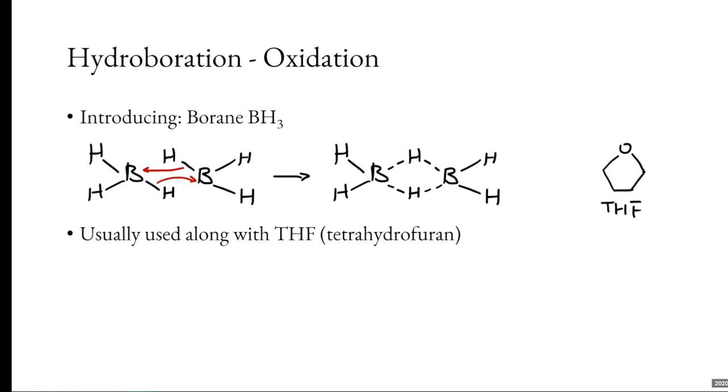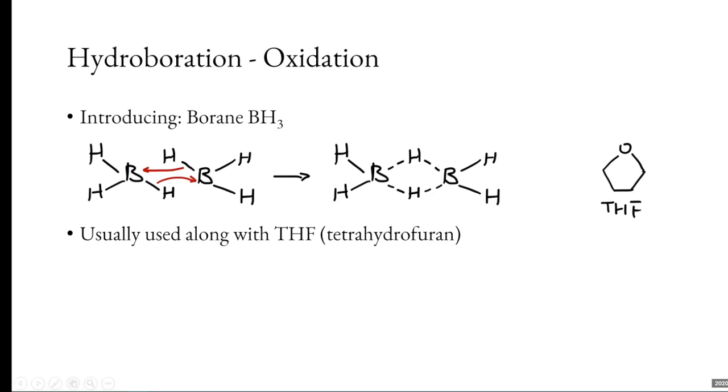The key thing we're using here is boron, BH3. BH3 is not a really healthy thing. The boron is really electron deficient, because imagine BH3 as a primary carbocation. A primary carbocation is CH3 plus, and BH3 is almost the same.